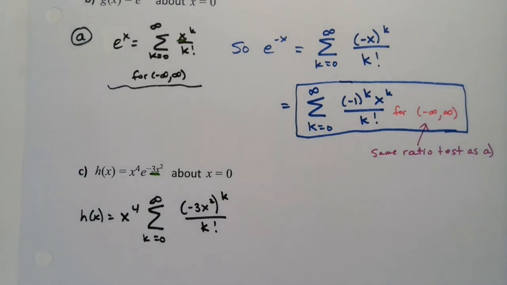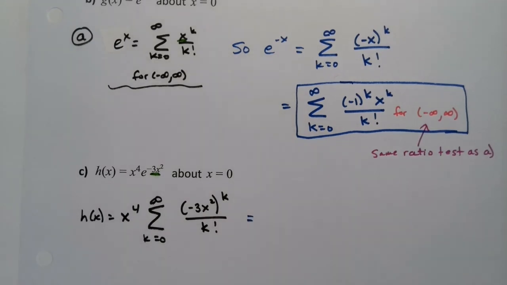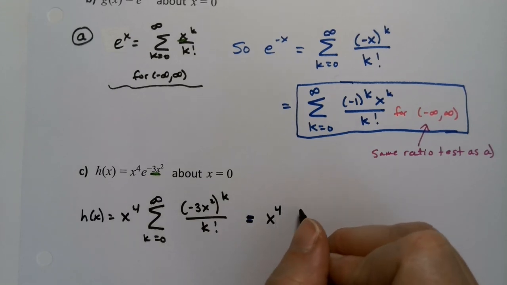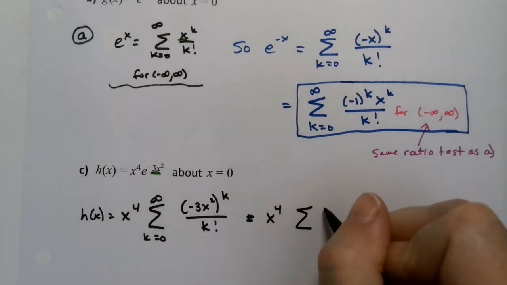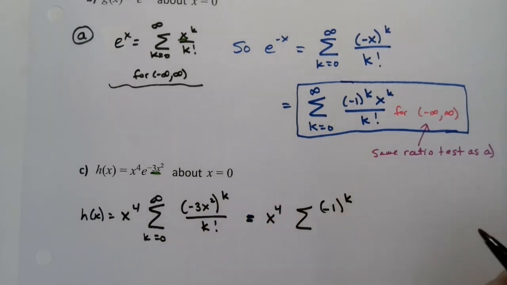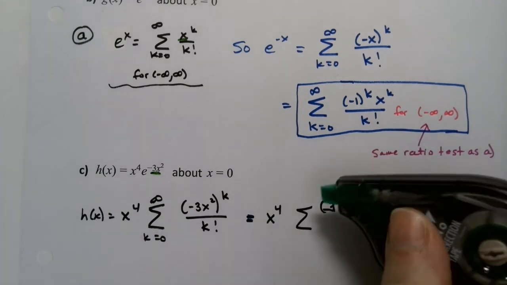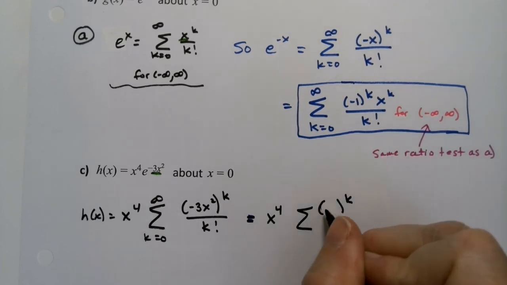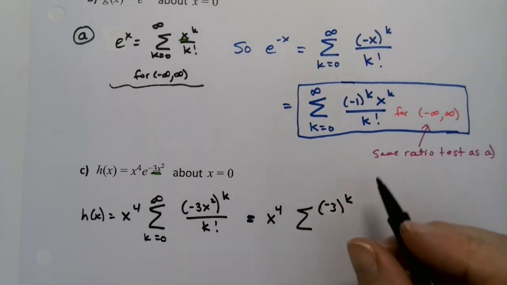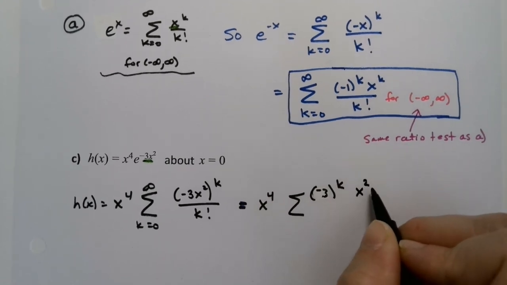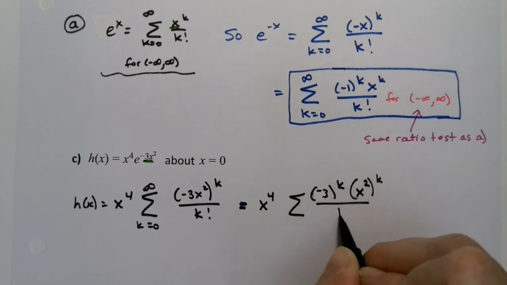Okay, so let's break that down just a touch. This would be equal to an x to the 4th out in front, and then I'm going to have that sum. I'm going to break that negative out of there, so that's negative 3 to the k. I might as well keep the number with it. So negative 3 to the k, and then x squared to the k over k factorial.